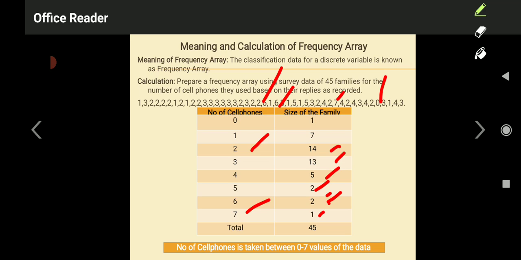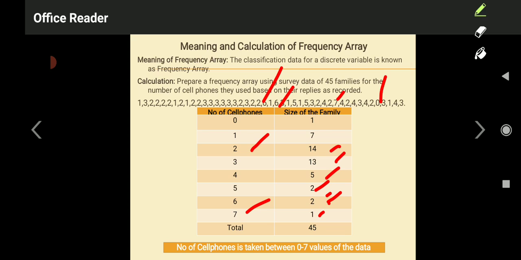If you count the number of observations, the number of families in the data, that should tally with this calculation. There are 45 families in the data, so the total here must be 45.